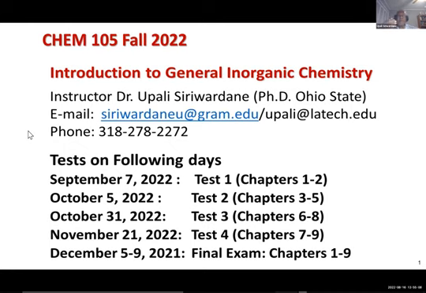So what we're going to do, as I told you before, there are 4 tests and a final exam. The 4 tests count 50%, and the final exam counts 20%.